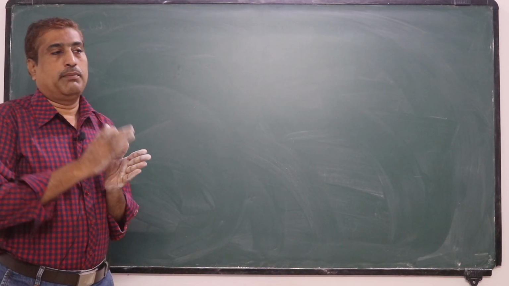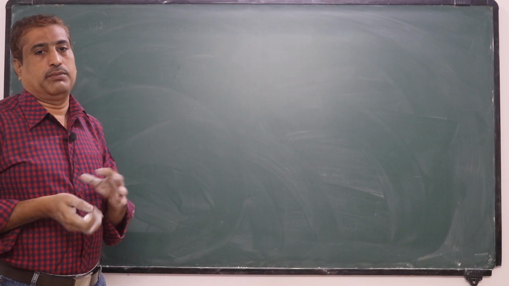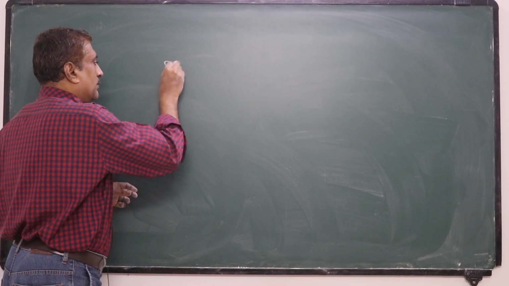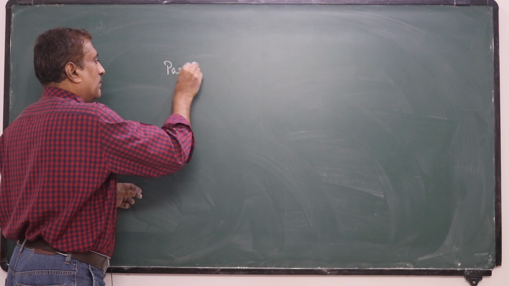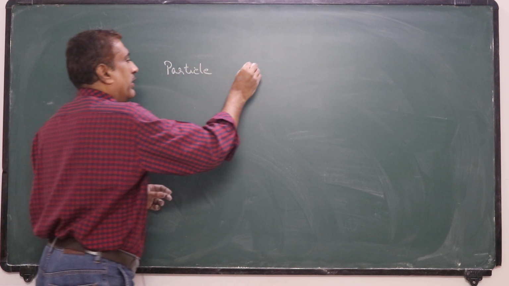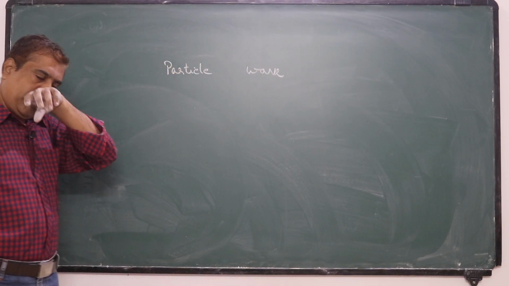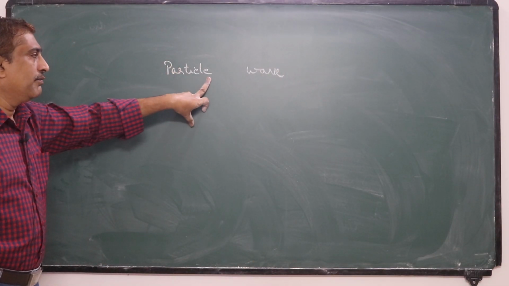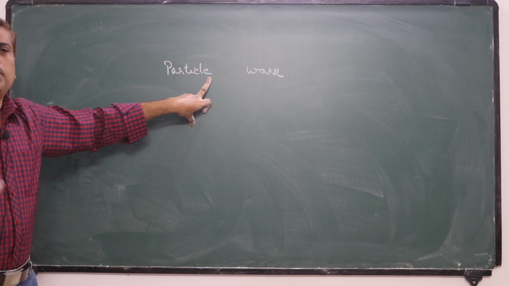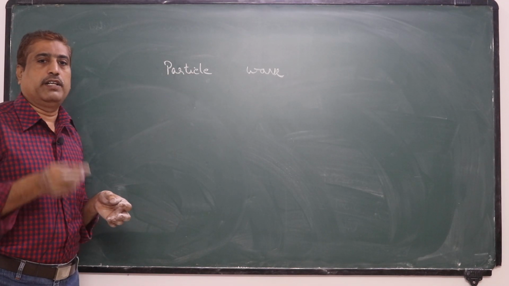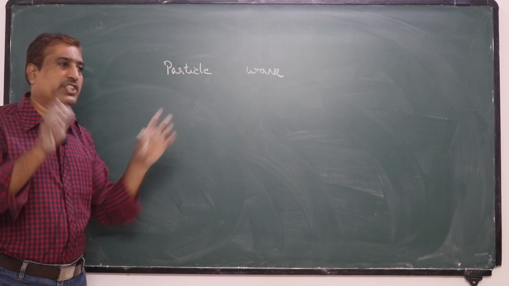But wave and particle are two complementary properties, because if we consider a particle, it possesses certain mass and a definite shape. It occupies a definite position in space.